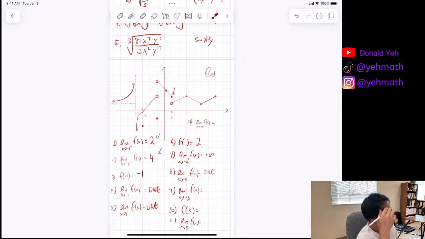Aiden. 0. 0 is good. It's not -2, because -3 is right here. We're not asking for evaluation, we're asking for the limit. So we look at how we approach it. If we approach here from both ends, that's going to give you 0. So therefore the answer is 0.